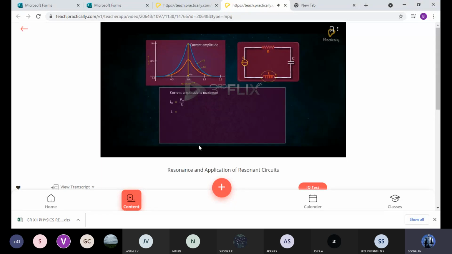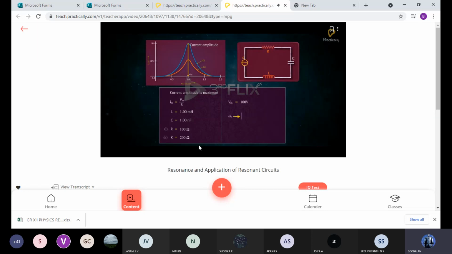Here, L is equal to 1.00 mH, and C is equal to 1.00 nF. There are two values of resistance: R is equal to 100 ohms, and R is equal to 200 ohms. Vm is equal to 100 volts.